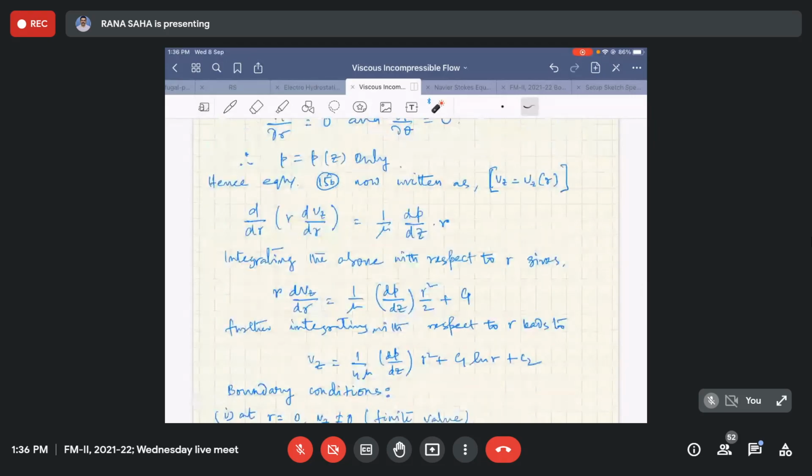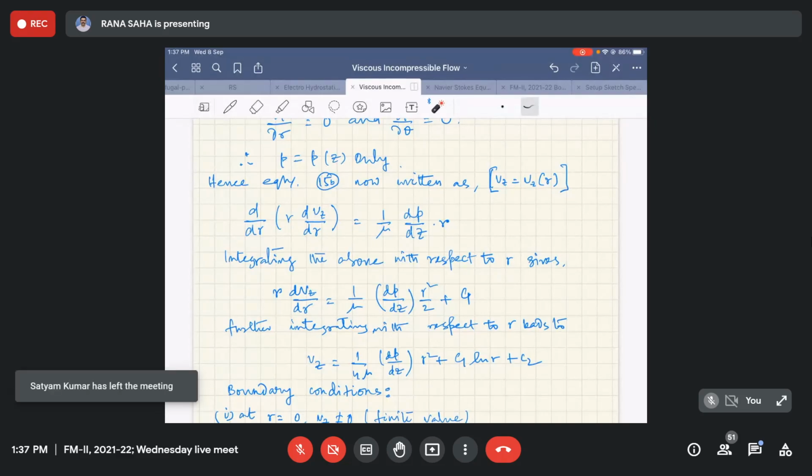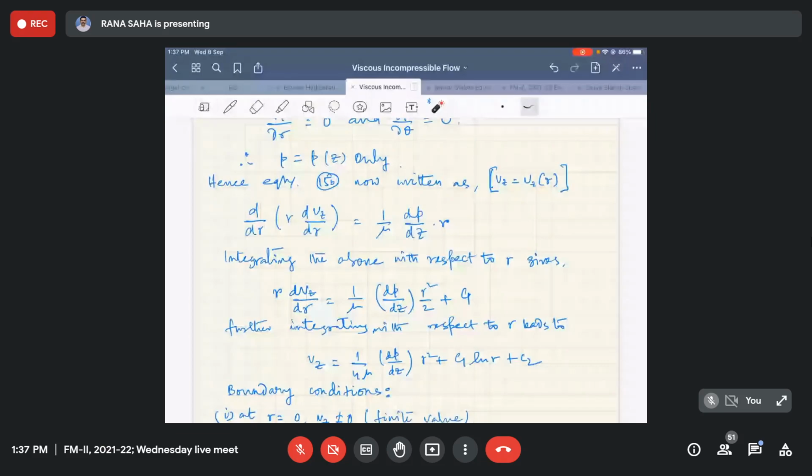In case of flow through parallel plates, it was y and x. You have du dy on one side, and on the other side it was the dp dx term. So here also on one side we are having a function of r, and on the other side we are having a function of z.